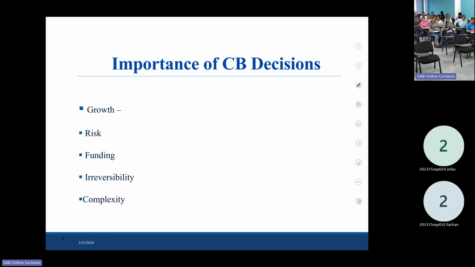Again, I'm requesting you to read at least the first 2-3 sections in the capital budgeting chapter, the reading material uploaded. So these factors are explained. For the exam paper, I would like to ask a question like this: explain the importance of the capital budgeting decision. So you should be able to take at least 3 factors from here to explain.